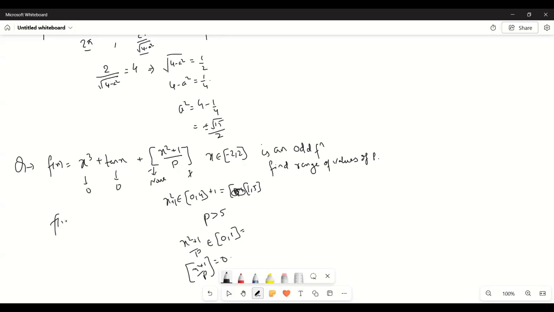Okay. So f x will reduce to x cube plus tan x, which is an odd function now. So therefore p must be greater than 5.